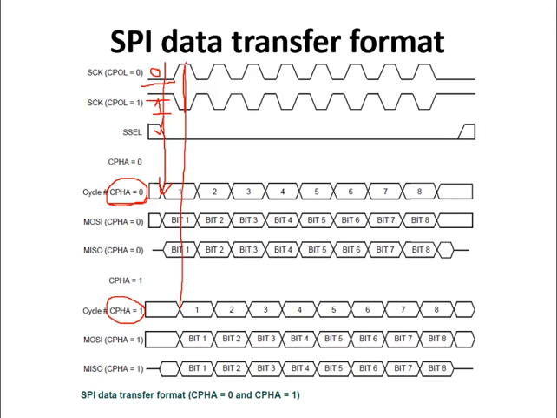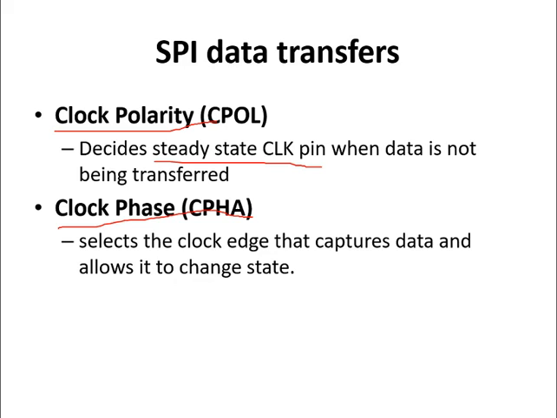Whereas in this case, after one transition takes place, the data will be presented. The data will be modified when CPHA is high. So clock phase high selects the clock edge that captures data and allows it to change the state.